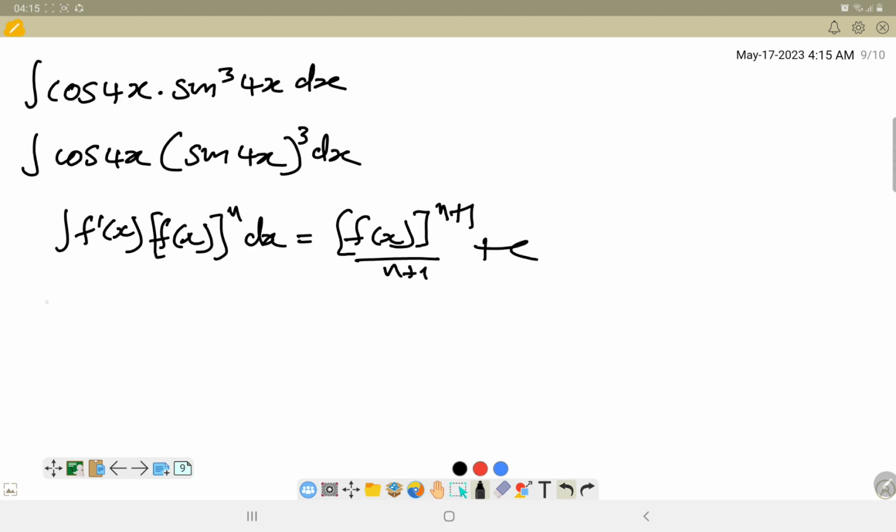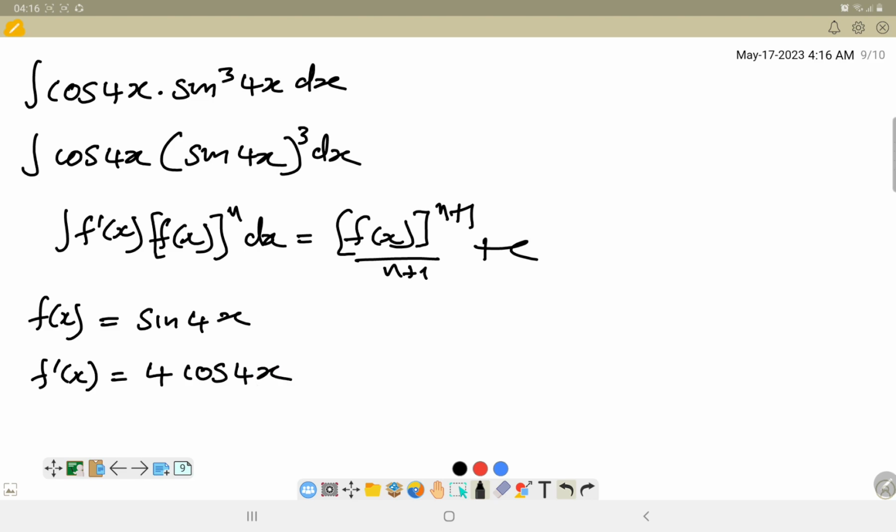we can let our f of x be equal to sine 4x. Then when we differentiate sine 4x, it gives us 4 cos 4x.